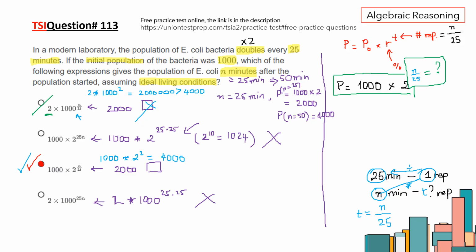So you cross that out, and cross that out as well. Now you're left with this one. When you plug in n equals 25, this one gives really big numbers compared to 2,000, so you eliminate it as well, and this one is the correct answer.